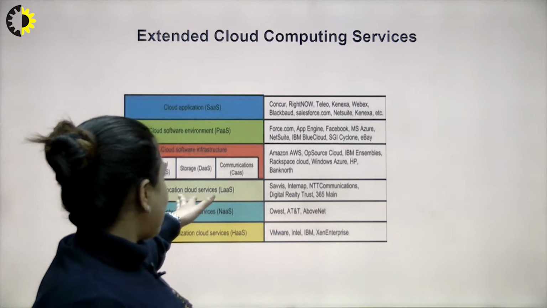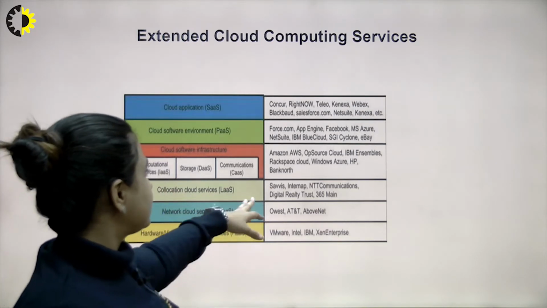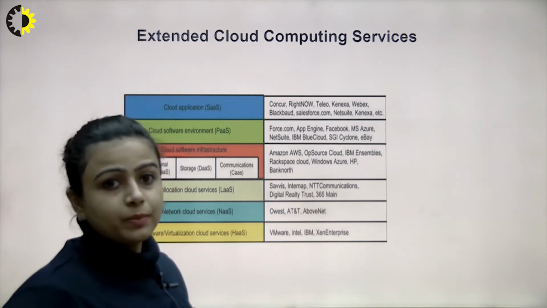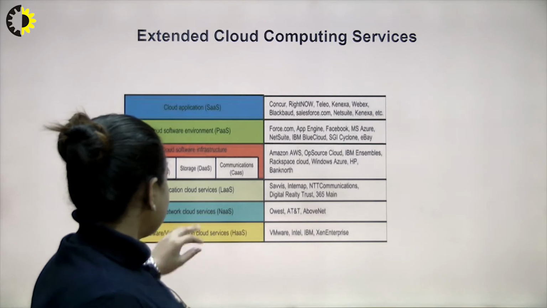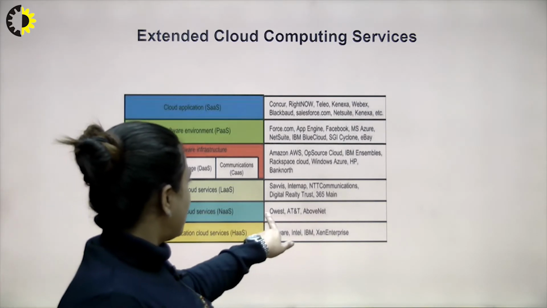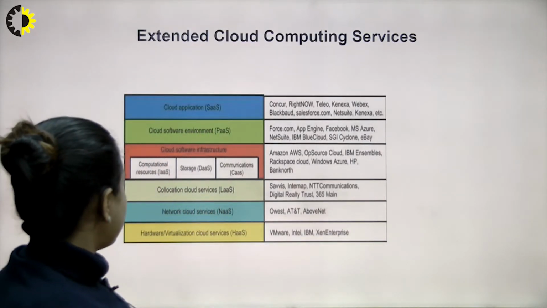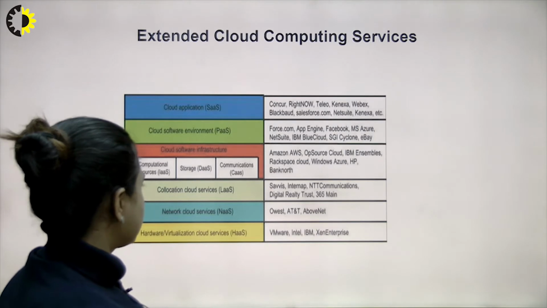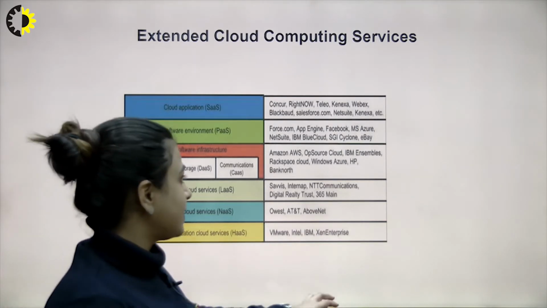Other than that, we have the colocation cloud services, with big names like Internap and NTT Communications providing a variety of services. The next is network cloud services, where we have Qwest, AT&T, and various other services. And last, we have the hardware virtualization cloud services, which is HaaS, where VMware, Intel, IBM, and Xen Enterprise are in the picture.